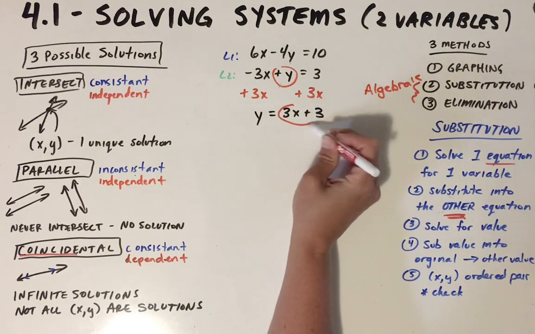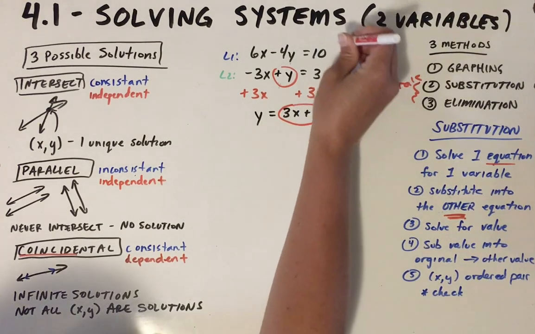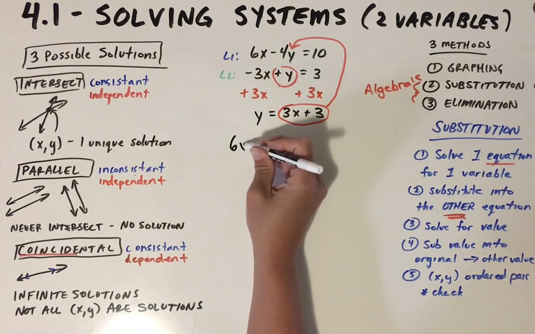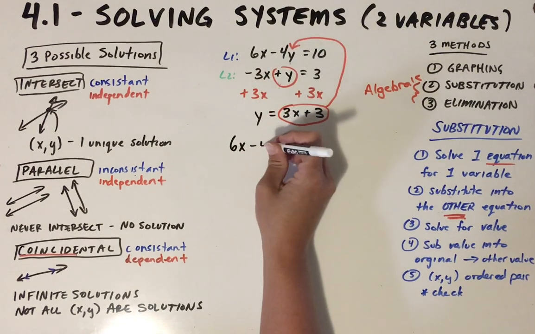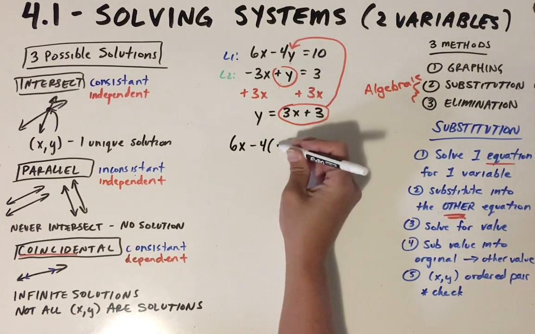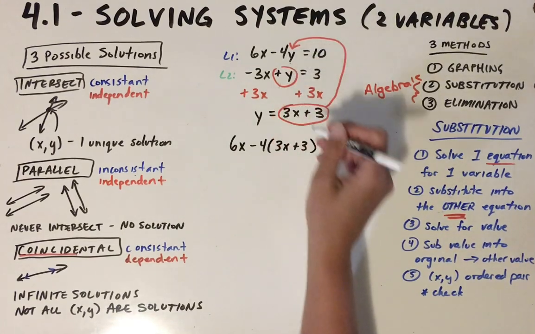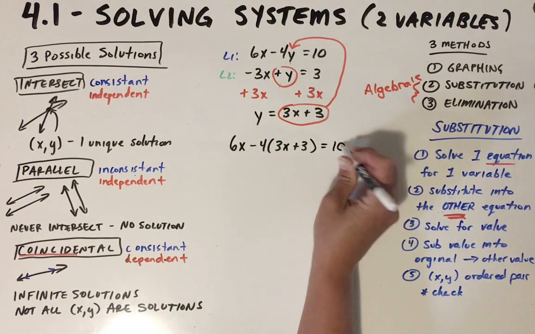So if y is 3x plus 3, then I can take that value and substitute it back in here. The reason why we're going to do this is because this will make it so that I only have one variable to deal with. So it'll say 6x minus 4, but y is this. So I'm going to instead say, no, y is 3x plus 3. It's not y anymore because I can substitute it, because they're the same thing.